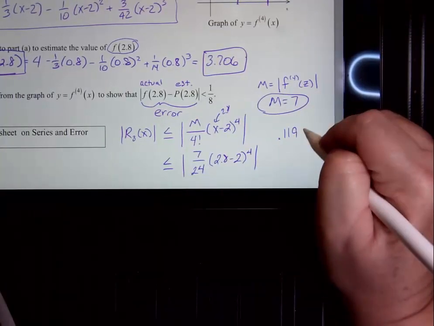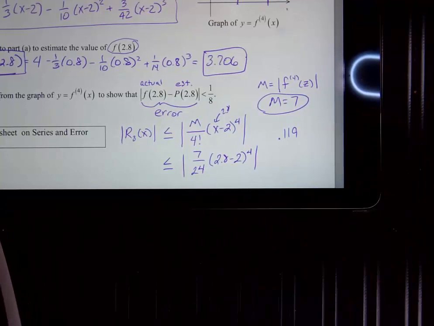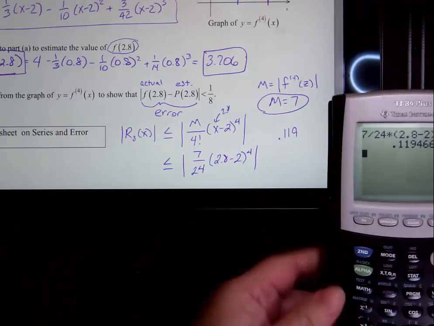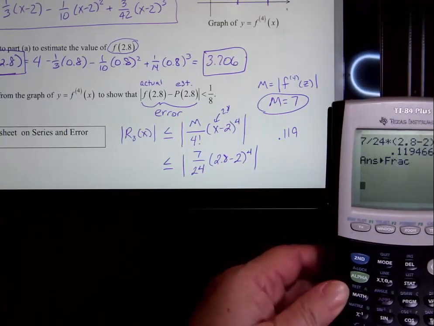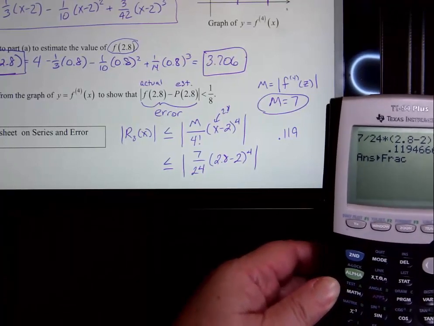Now, what are we comparing this to? We're comparing it to 1 over 8. Is that smaller than 1 over 8? I don't know. How would I find out? Plug in the, well, if I put it math enter, I get 224 over 1875. Is that smaller than 1 over 8? I don't know.